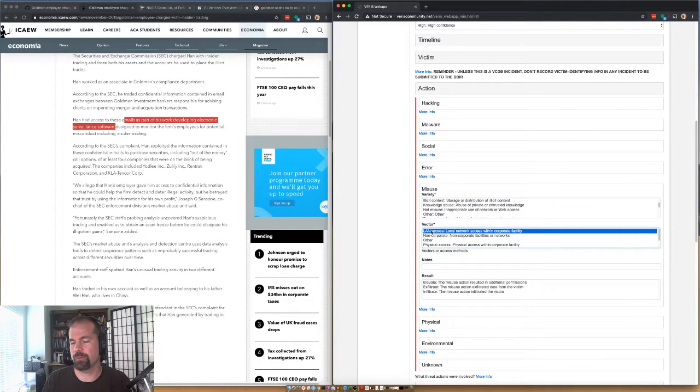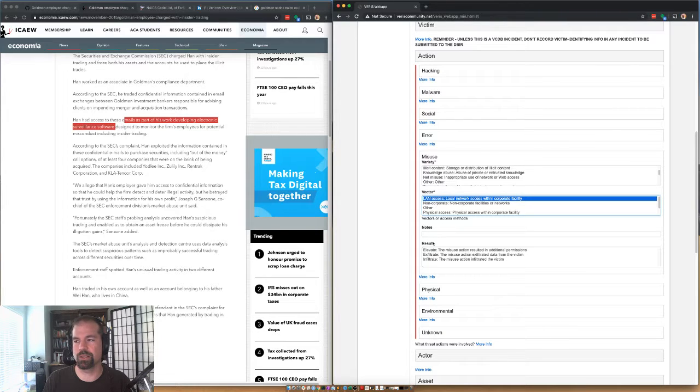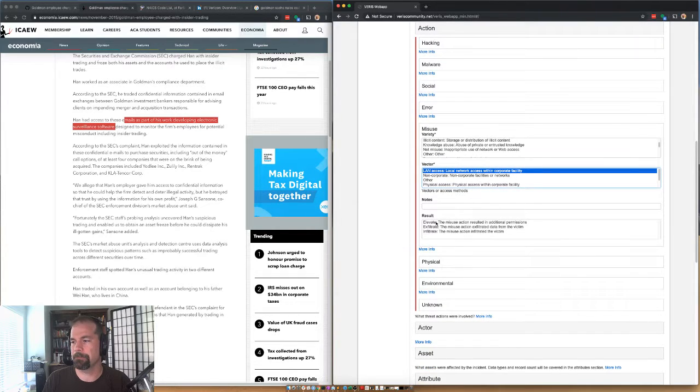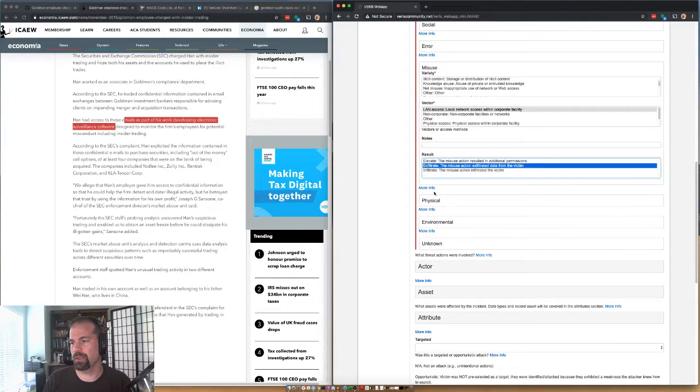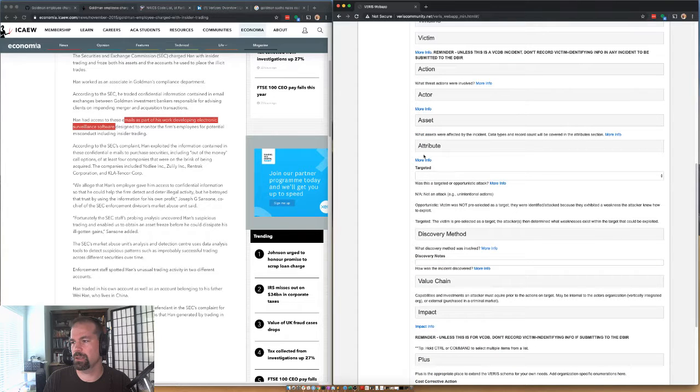LAN access, and this is why you'll see LAN access pop up so much in the DBR, is because for misuse, it's almost always someone sitting on the network. Really, I guess exfiltrate is probably the appropriate description. He uses access to get data.